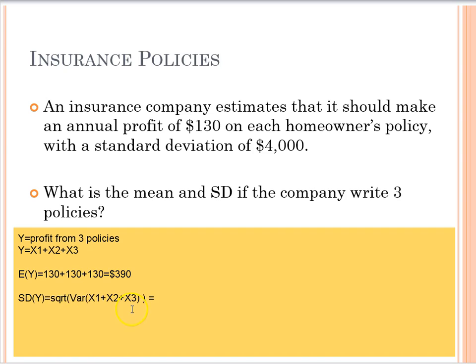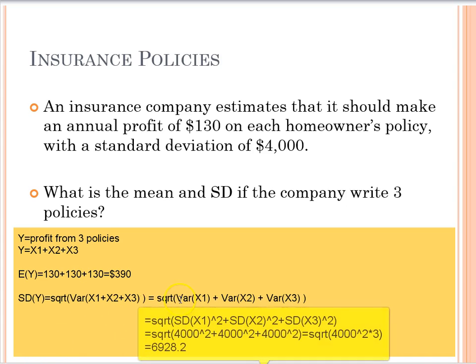We can separate these variances out and sum up those individual variances by assuming that each homeowner policy is independent. So once we've assumed independence and separated out our variances, the next step is to apply the fact that the variance is equal to the standard deviation squared.